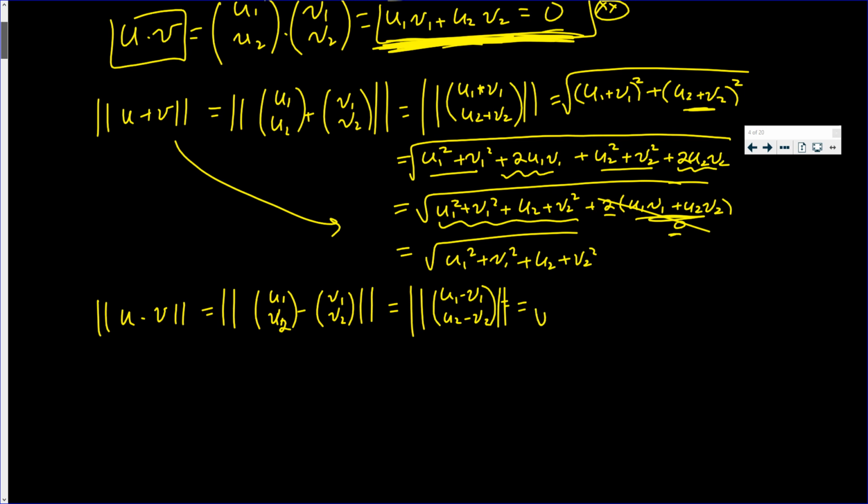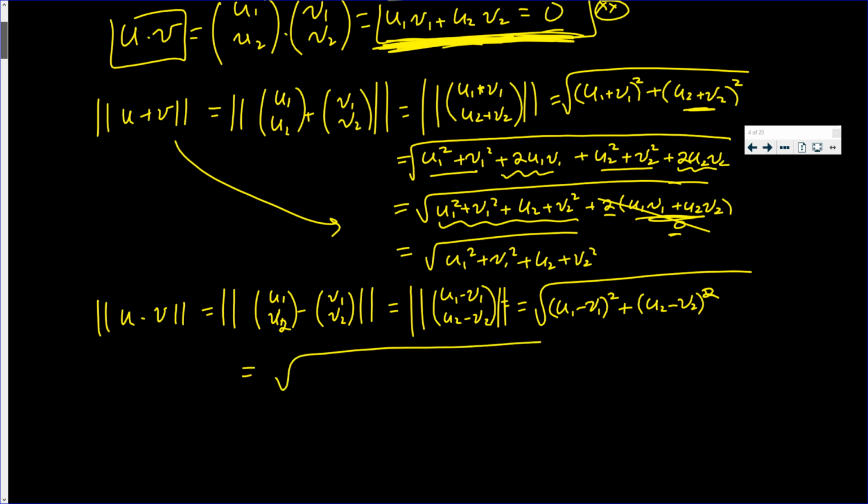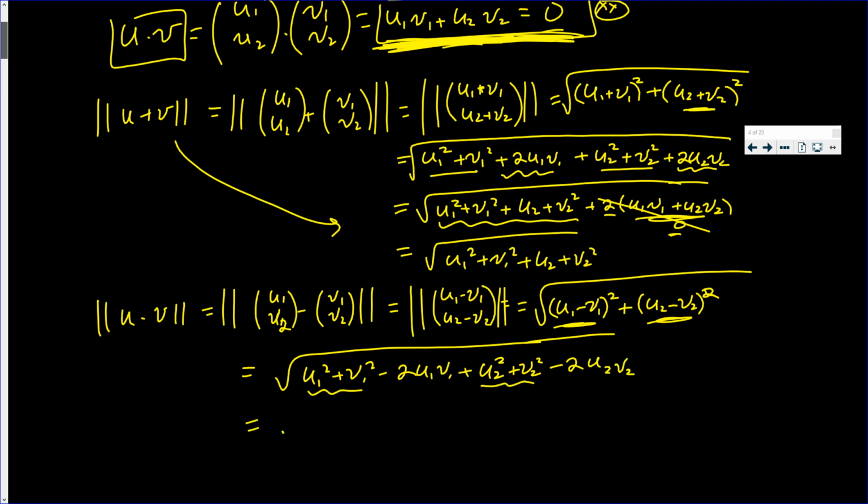The length is the square root of the first component squared plus the second component squared. That gives us u1 squared plus v1 squared minus 2 u1 v1, plus u2 squared plus v2 squared minus 2 times u2 v2.